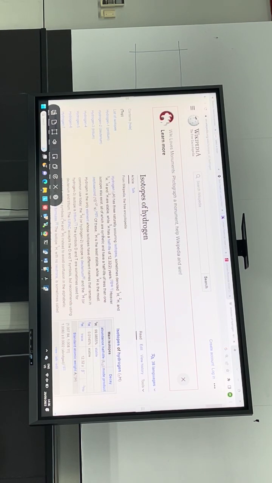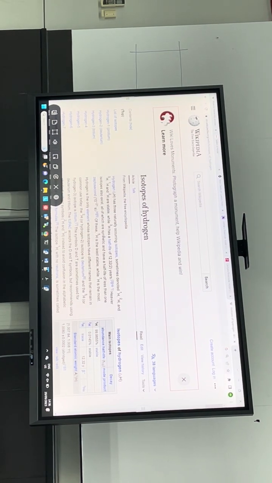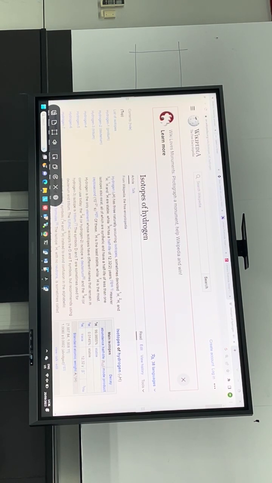Now, tritium is radioactive, but there is so little in the water that there's probably more in your lake. So tritium is radioactive, so deuterium is easy to handle in the lab, but tritium is complicated to handle in the lab. So it is not worth making the isotopic experiment with tritium.